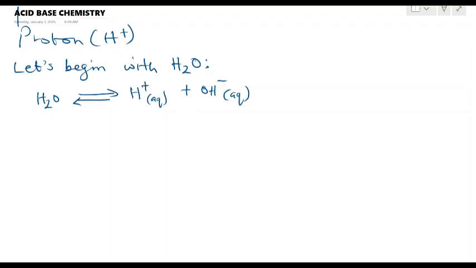In other words, we want to have something called the equilibrium constant.